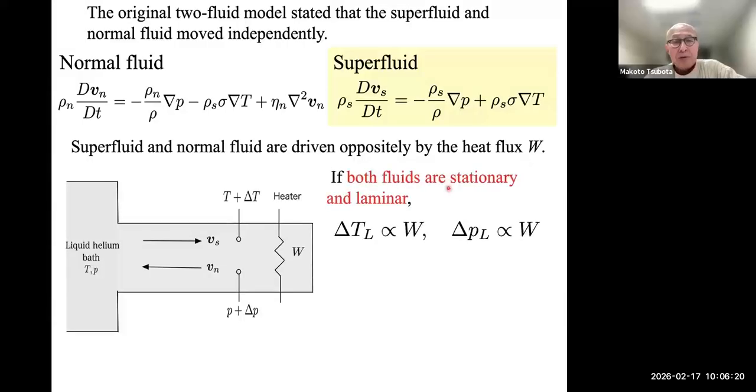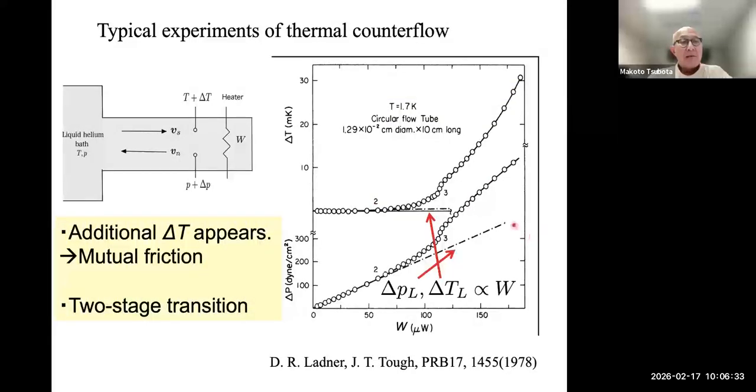If both fluids are stationary and laminar, we know that both the temperature and the pressure gradient are proportional to the heat flux W. However, this is a typical experiment for thermal counterflow.